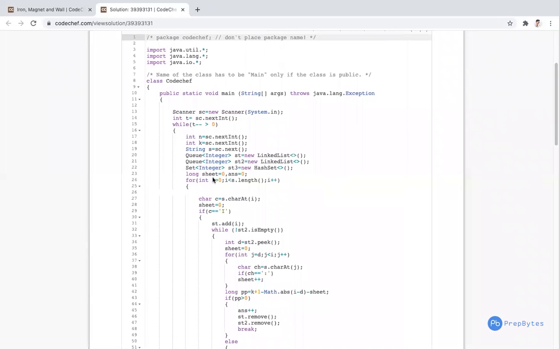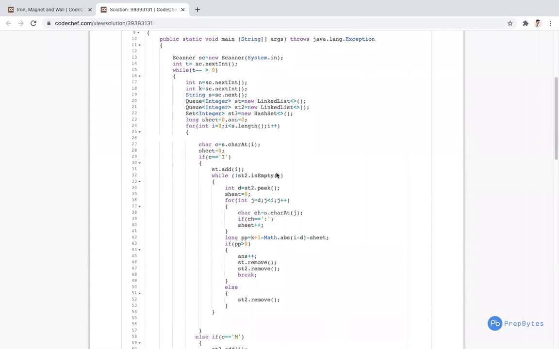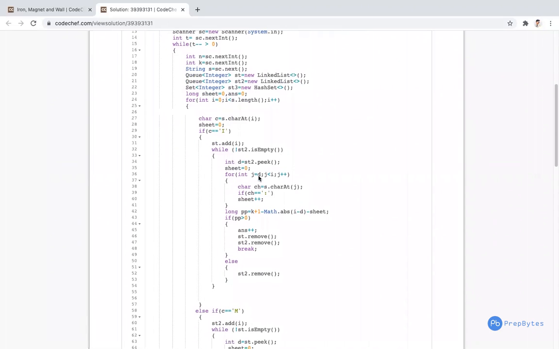And then we can use a sheet to calculate the answer, where we will increase our counter whenever we get a pair. Now I am calculating with this char, the current character at the ith index of the string. Now if it is I, then I will store it in this first queue. And while my second queue is not empty, I will peek at it.